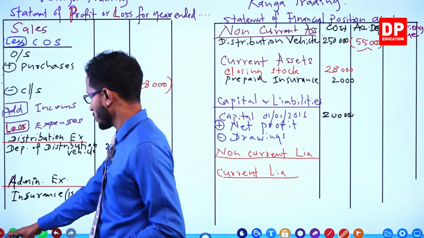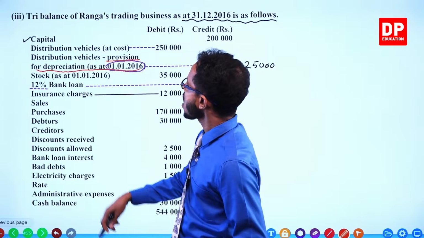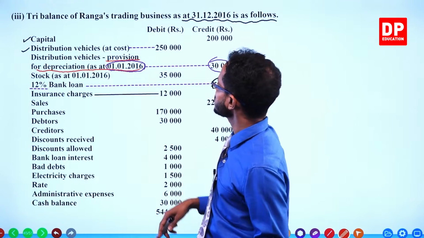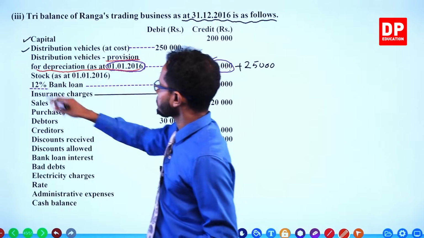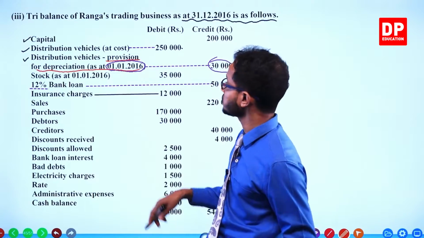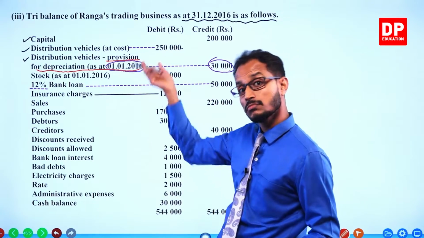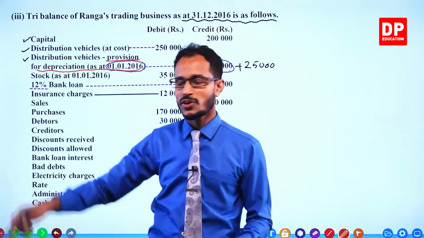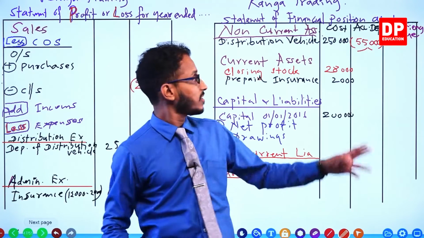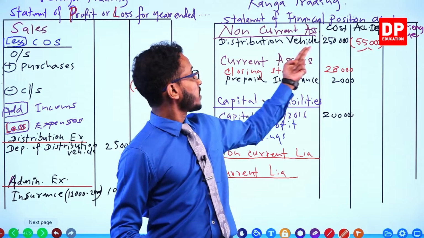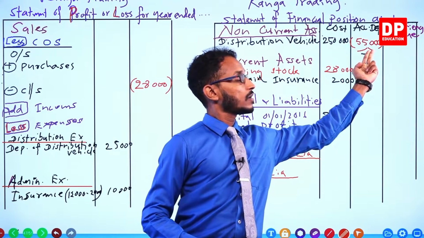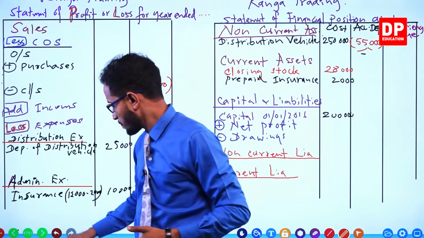Next, distribution vehicles. We took the cost of the distribution vehicle, subtracted the provision for depreciation, in the SOFP. Yeah, distribution vehicle cost and depreciation both. Done.